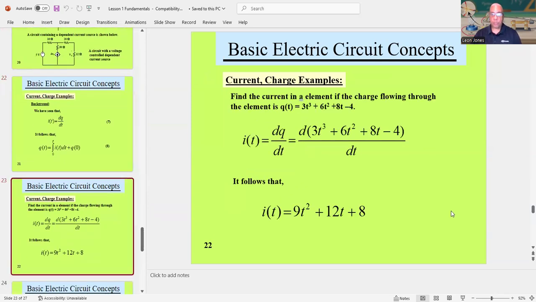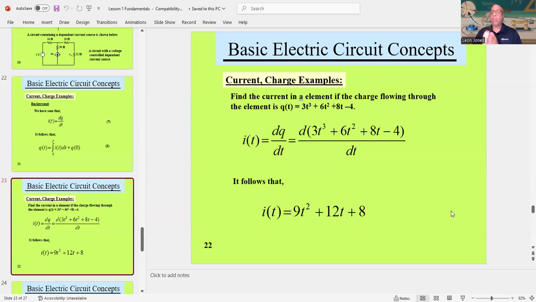Now, find the current in an element if the charge flowing through the element is q(t) equals 3t cubed plus 6t squared plus 8t minus 4. When you get something like dq/dt, that's telling you it's a derivative.